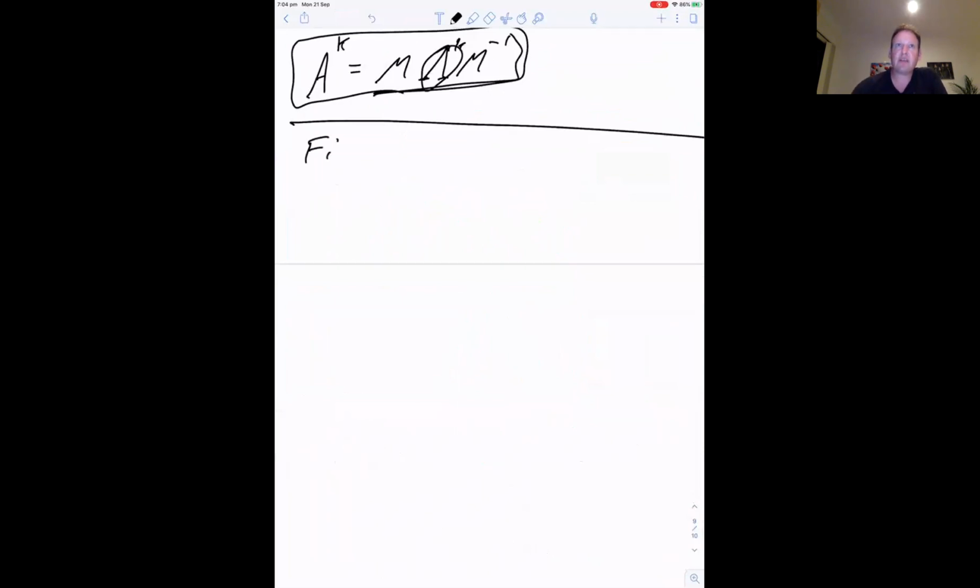Does anybody know when Fibonacci lived roughly, and where? Wild guess: 2,000 years ago, 3,000 years ago, 1,000 years ago? Around 1,000, yeah, and Italian.